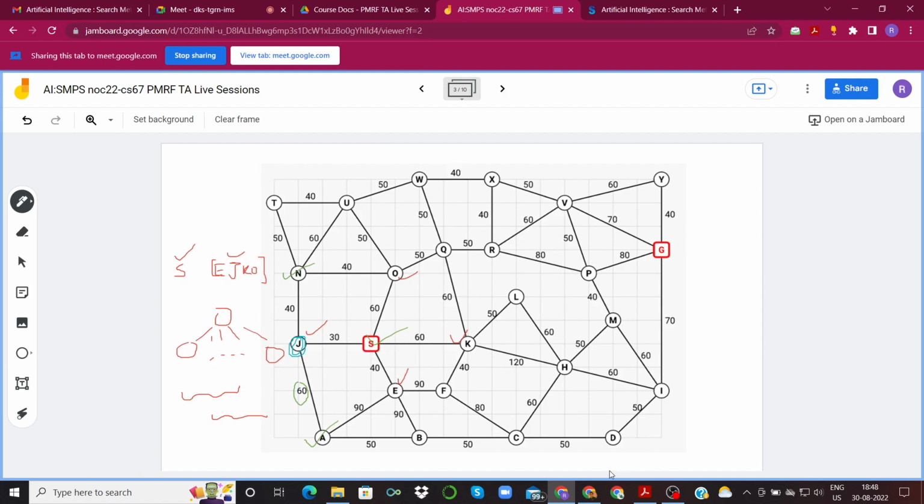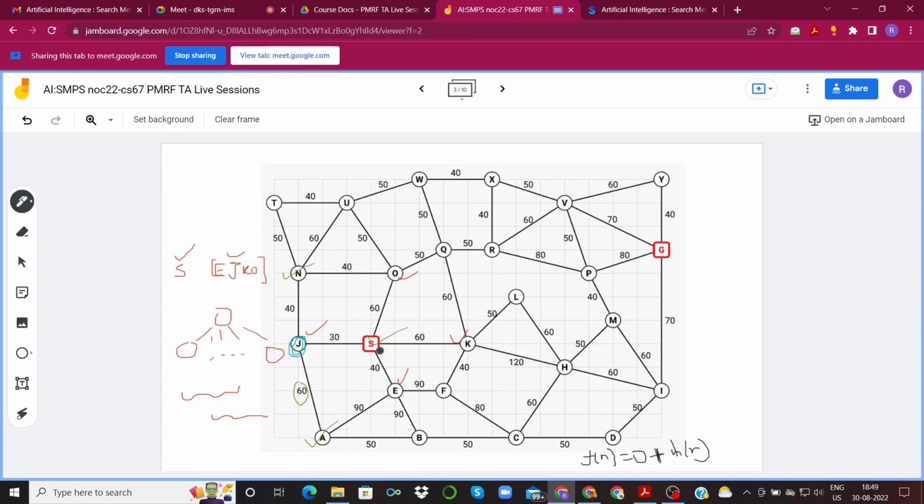But in A star, the f(n), the cost, has 2 components. While the g(n) part is 0, the estimated path, or h(n) part, of going from S, the intermediate node in this case, to G would be the Manhattan distance, which is 160.